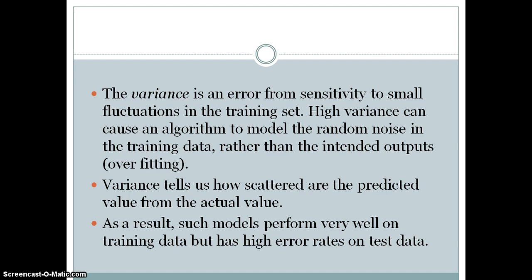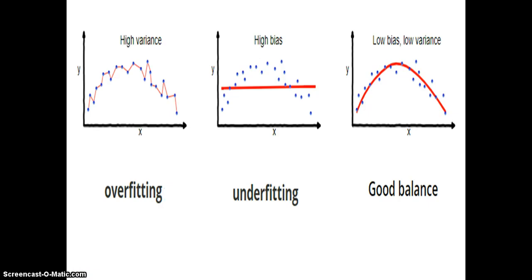So what is the basic difference? Bias tells how far the values are from the actual values, and variance tells how the data is scattered from the actual value. High variance, as I told you before, will cause overfitting. High bias will cause underfitting, and low bias and low variance will give a good balance in the algorithm.